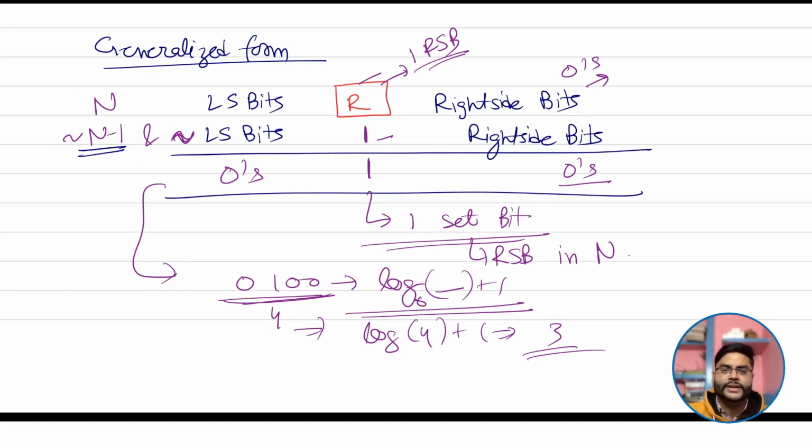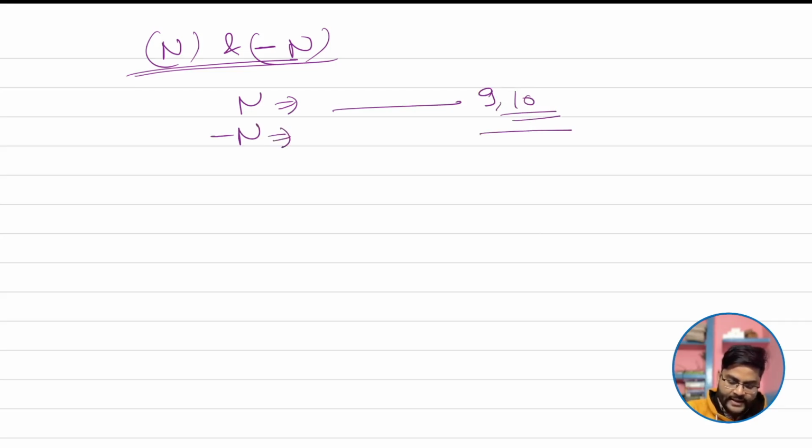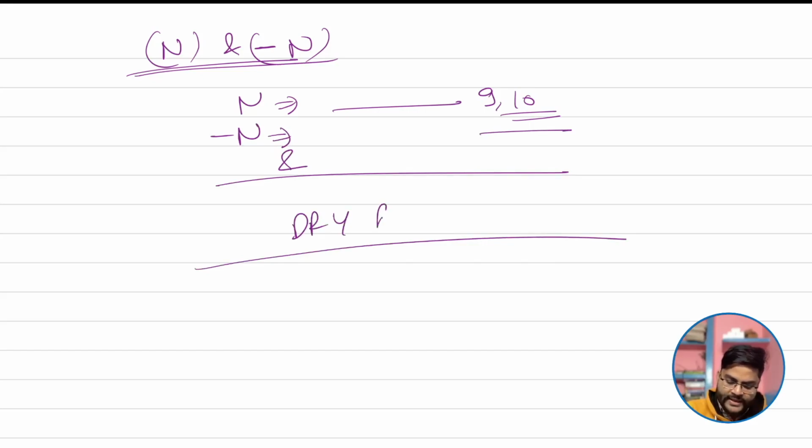This is very important. Now there is one more way. There is one more way. Okay, I can take n and 2's complement of n. That will also give the same result. Okay, take n as an example. Take 9, 10, whatever value, take 2's complement of n and do AND. Do this as a dry run, you will get it.